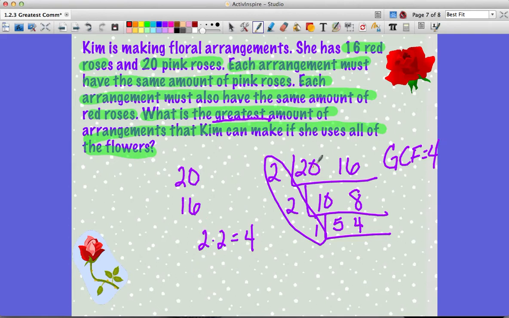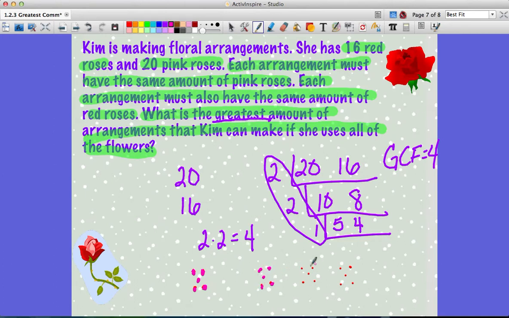So what this means is if I take 20 and divide it by 4, I get 5. So I'll get 5 red roses in 4 groups. And we're just going to pretend that these dots are roses. So 5, 10, 15, 20. And then each group will also have, oh, and I apologize, that's actually, we have 20 pink roses.